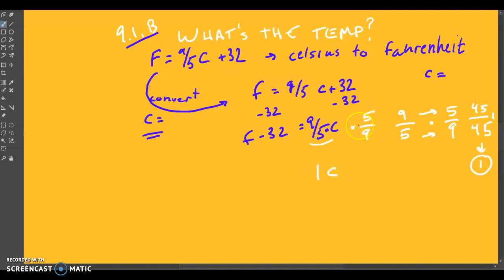And because we multiplied this side by 5/9, we also have to multiply everything on this side by 5/9. All right, and so we are left with 1C is equal to 5/9 times the quantity of F minus 32. All right, so this is the Fahrenheit to Celsius.